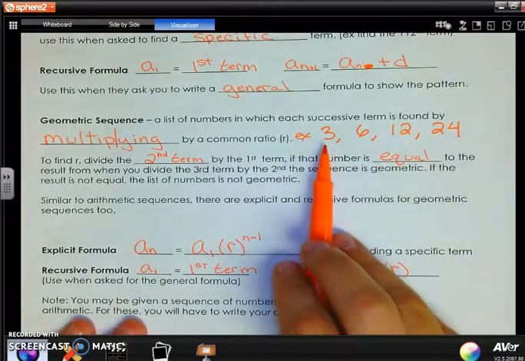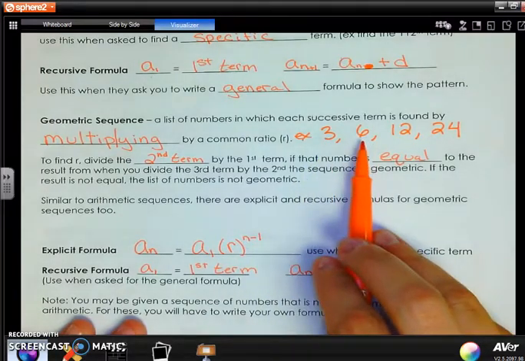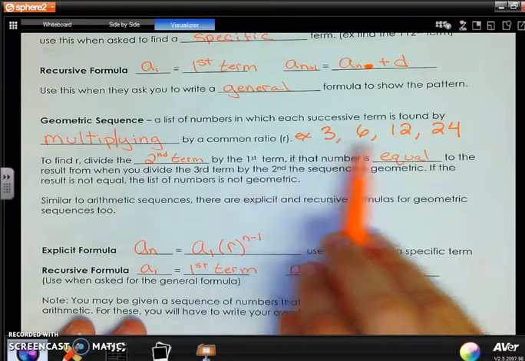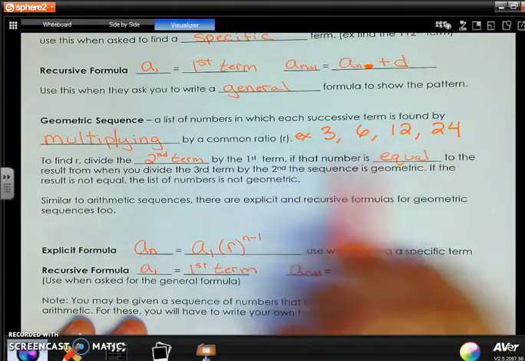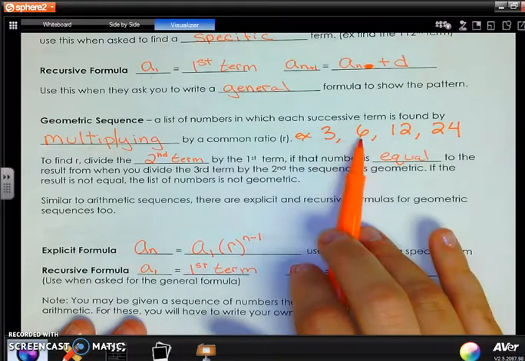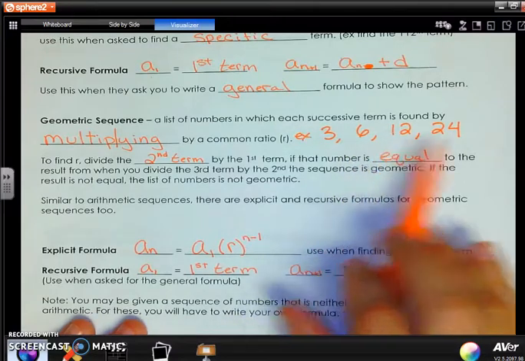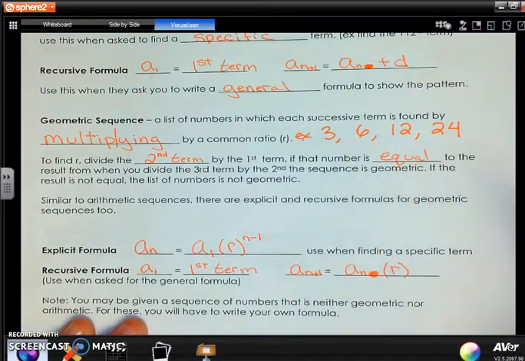So here, a sub 1, your first term, would be 3. Your second term would be 6. So it says to find your R. Now, again, most of you can just look at this and say, oh, look, to go from 3 to 6, the relationship there is you multiply by 2. To go from 6 to 12, you're multiplying by 2. And to go from 12 to 24, you're multiplying by 2. Most of you can see that right away.